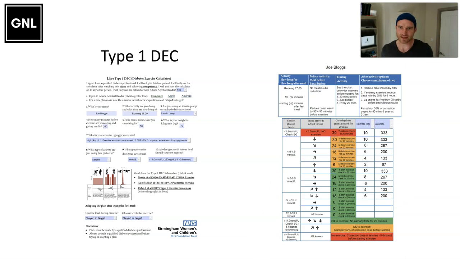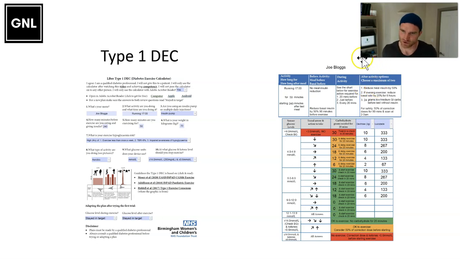So the type 1 diabetes exercise calculator is very similar to the carbohydrate calculator, except all those algorithms for aerobic, anaerobic and mixed are all combined, so that when you answer the questions of how soon before a meal are you exercising, what's your weight, how long you're exercising for, it develops a plan for you that tells you what you're doing, what time you're doing it, how long for, what reductions you should do in the boluses before, maybe a basal reduction, how much carbs to have during, and then what reductions to make in the bolus and the basals afterwards.